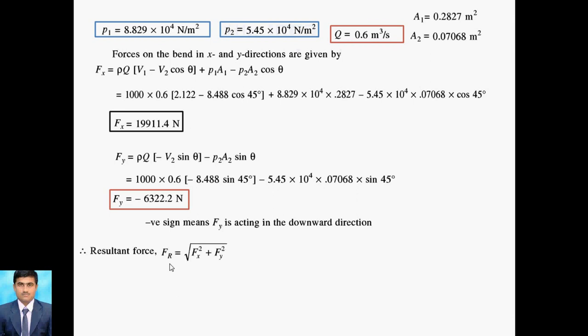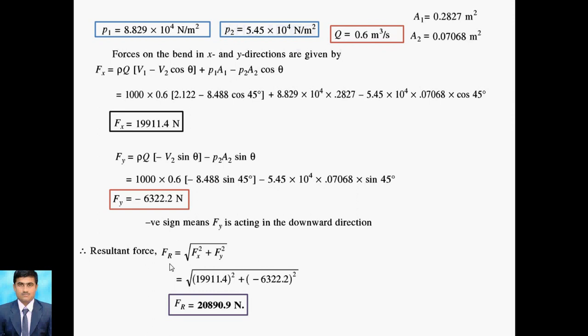If you calculate the resultant force, you can put the values of Fx and Fy, that is square root of Fx square plus Fy square, and we get the resultant force, that is Fr, which is 20890.9 Newton. So in this problem, we know P1, Q and A1, A2, hence V1, V2, but for calculating P2, we go for Bernoulli's equation.